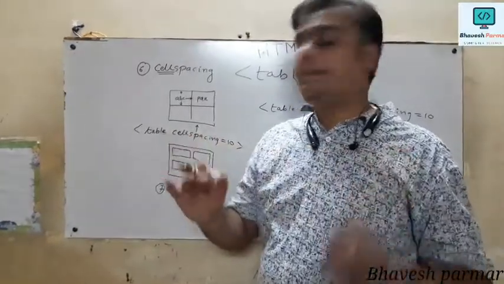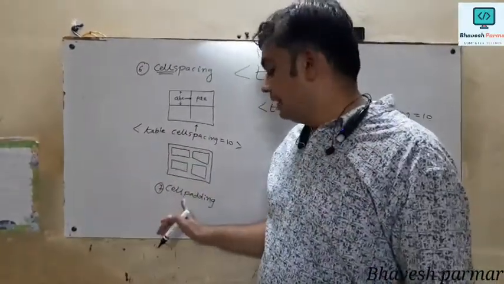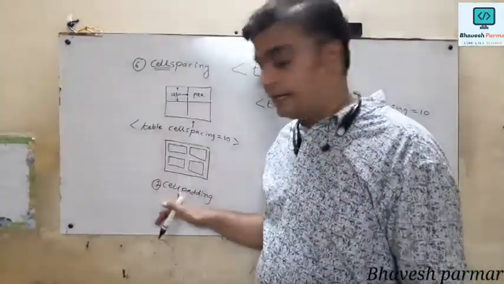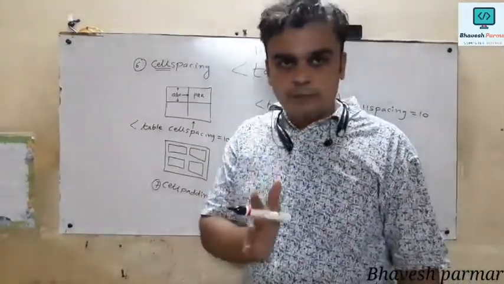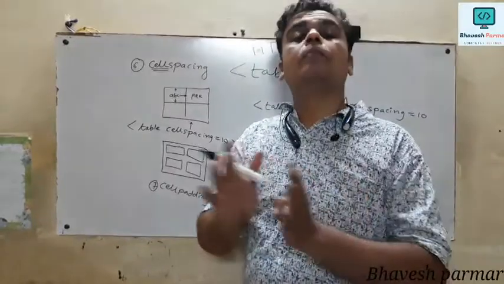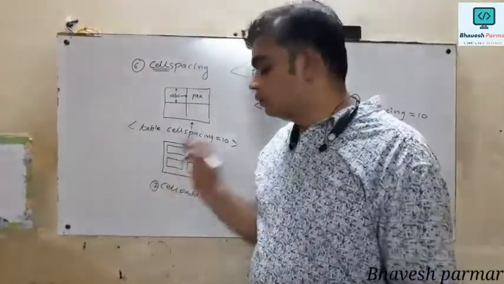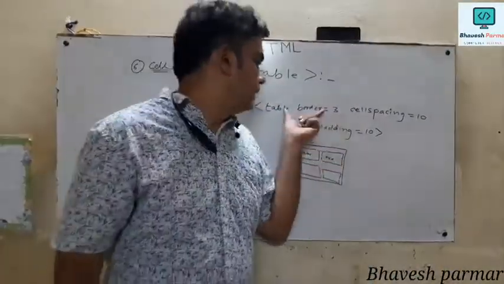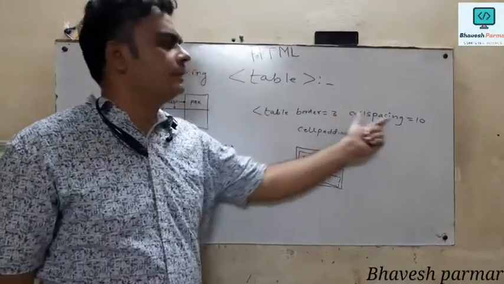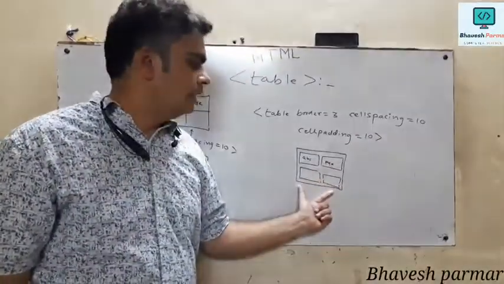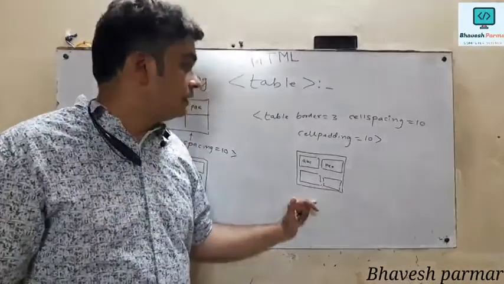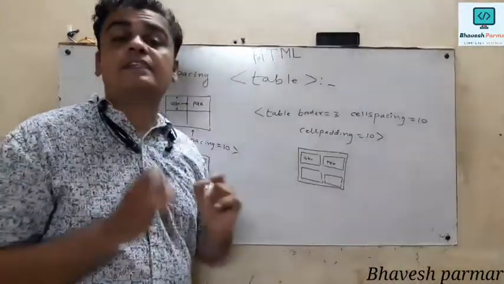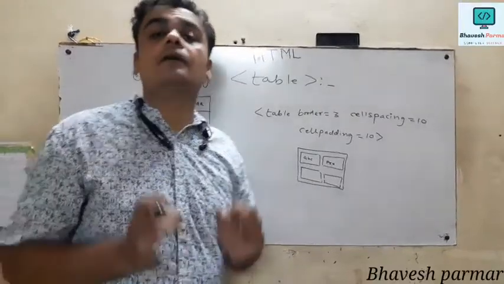There is a big gap between these two cells. And the last one is cell padding. What is the role of cell padding? It generates the space between text and border of the cell. If we use both in combined form, I can write like this: table, border, cell spacing and cell padding. So it reflects like this. Got it? Thereafter we are going to write one simple program using a table.